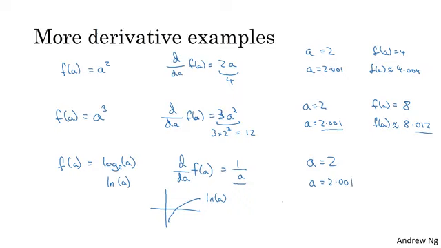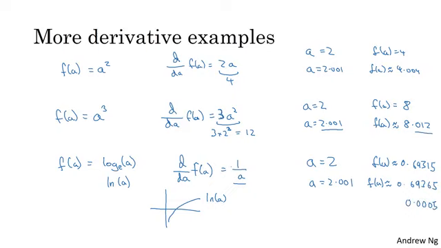So in fact, if you pull up a calculator, you find that if a is equal to 2, f of a is about 0.69315. And if you increase a to 2.001, then f of a is about 0.69365. So it's gone up by 0.0005.